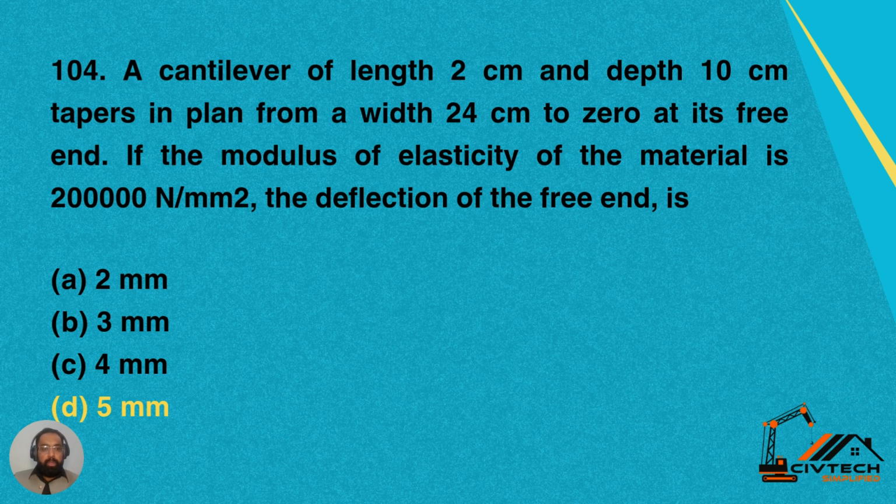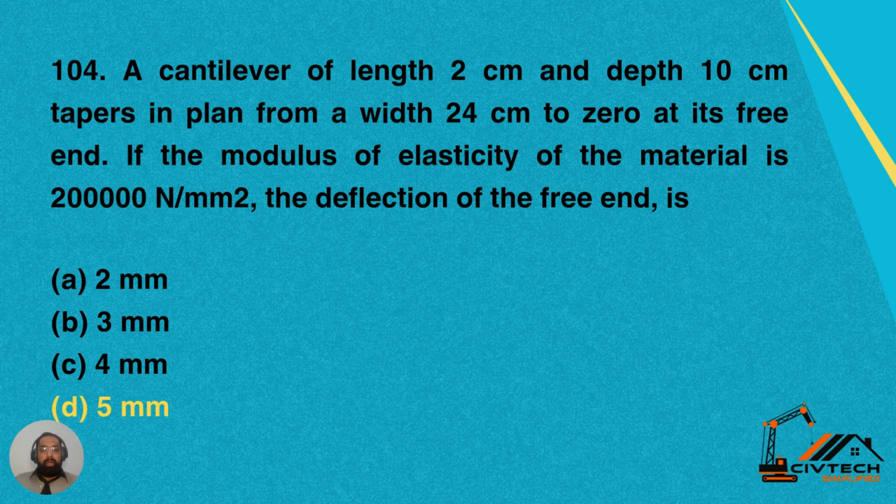Question 104. A cantilever of length 2 centimeter and depth 10 centimeter tapers in plane from a width 24 centimeter to 0 at its free end. If the modulus of elasticity of the material is 200,000 Newton per mm square, the deflection of the free end is option A 2 mm, option B 3 mm, option C 4 mm, option D 5 mm.